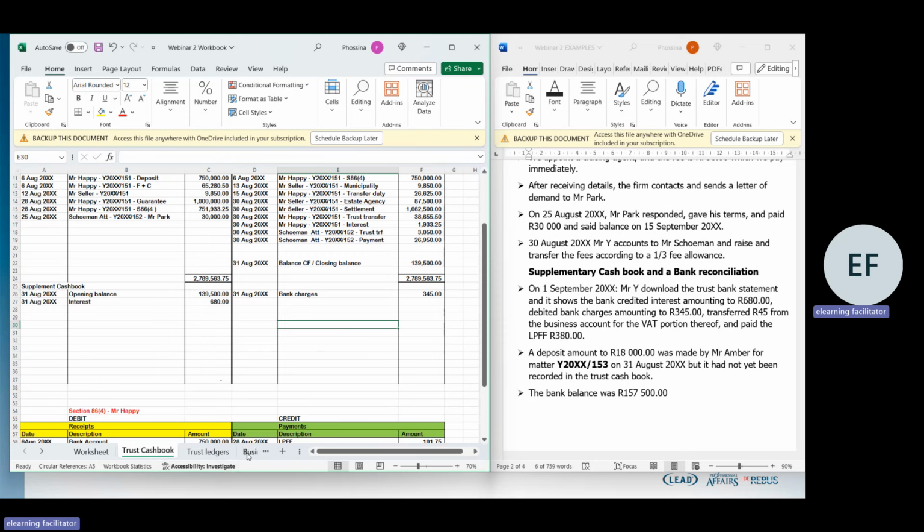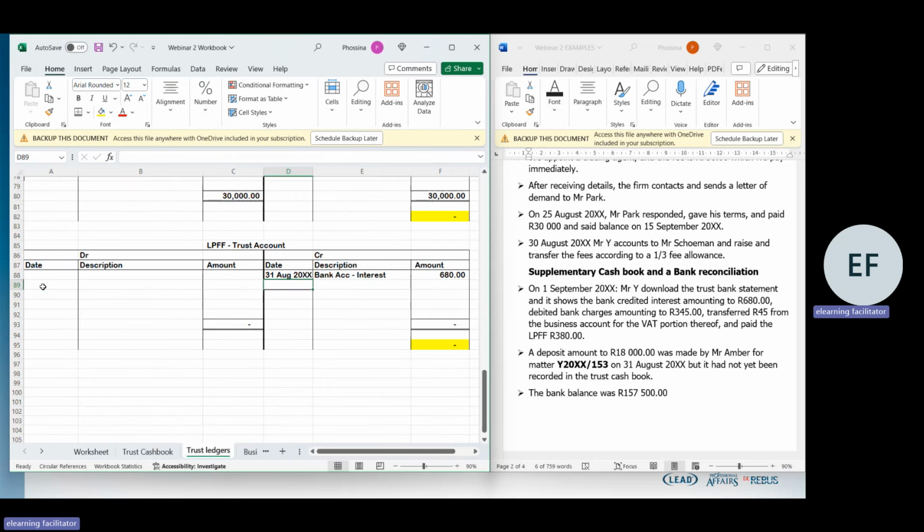345. So when you come to our ledger, we also record it. But remember, because the interest is higher, we can recover this from the interest before the bank pays over. But there's a complication.